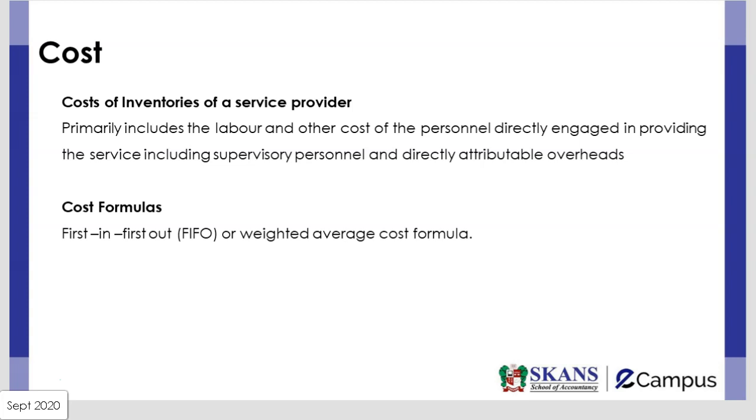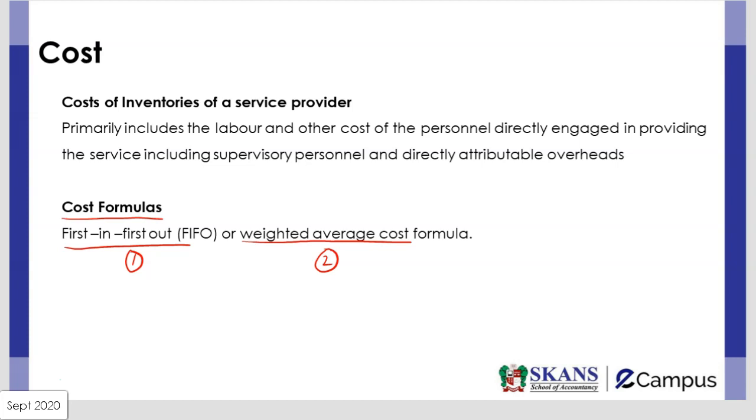Cost formulas, these are the accounting policies for valuing or recording inventory. IAS 2 has given only two choices to its users for valuing the inventory. They are FIFO, first in, first out, and weighted average cost method, which is also called average costing.